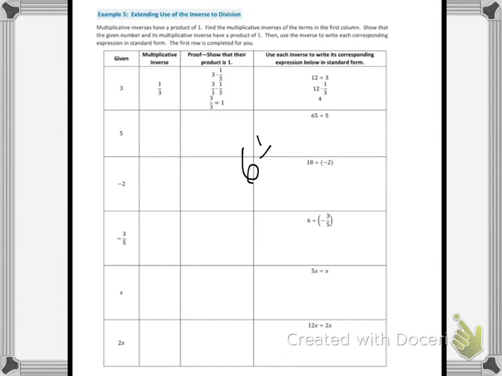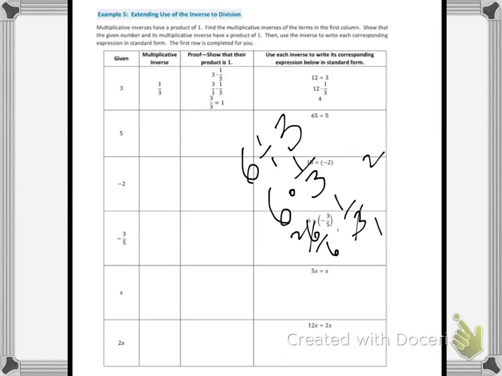So if you had 6 divided by 3, we could change that into a multiplication problem by 6 times 1/3. These are going to be the same thing. So 6 over 1 times 1 over 3 is 6 over 3, which equals 2 over 1, which equals 2.